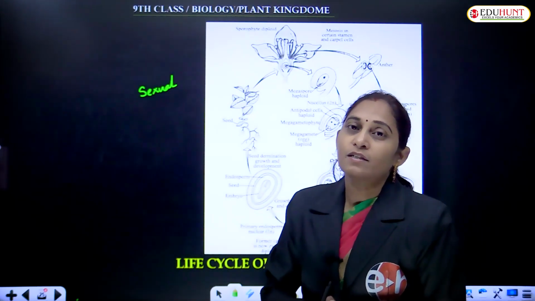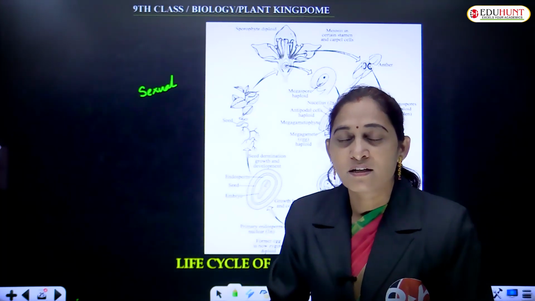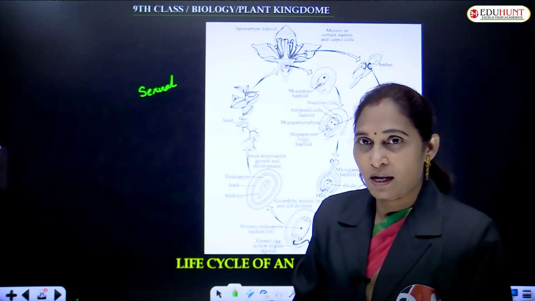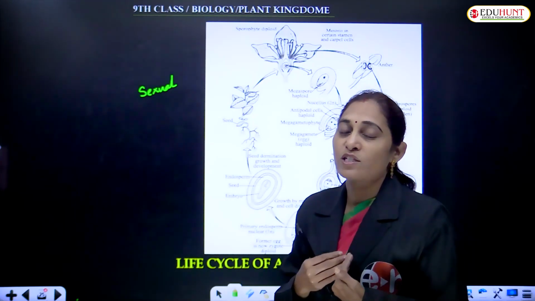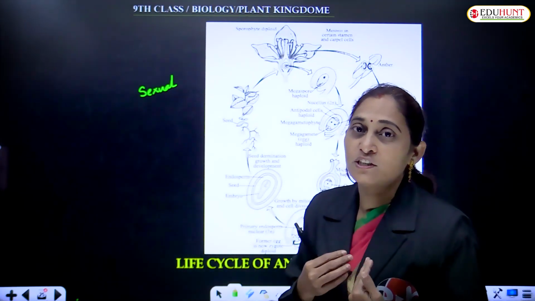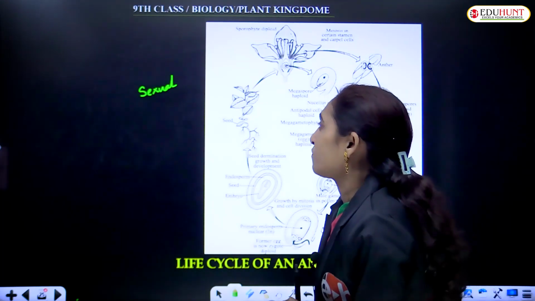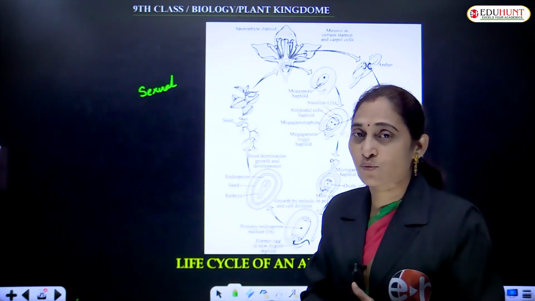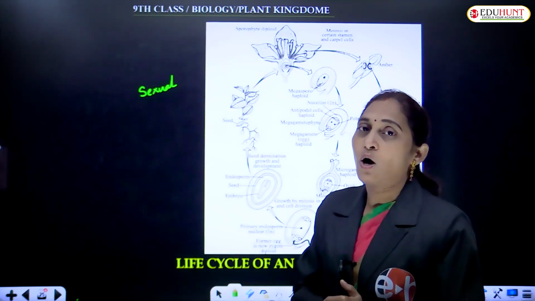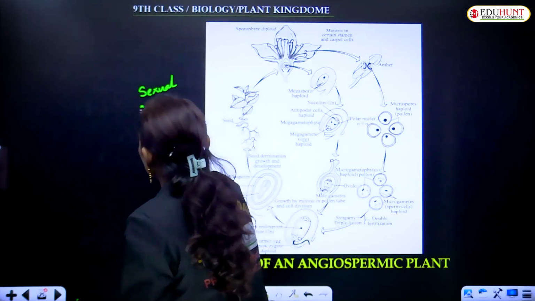These are the flower producing, seed bearing, fruit bearing plants. We have already mentioned these points while discussing the general features of angiosperms. And the sexual organs of a plant are the flowers.